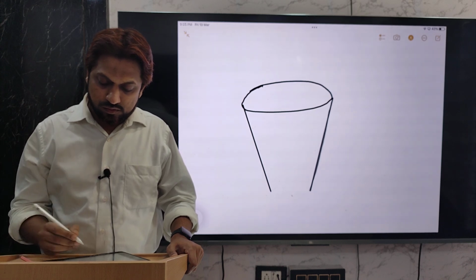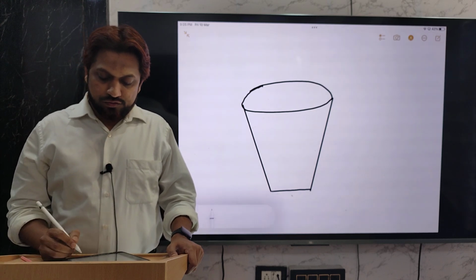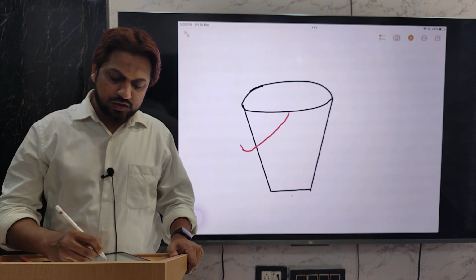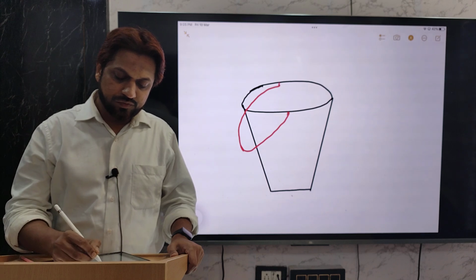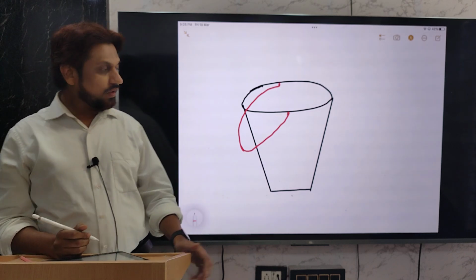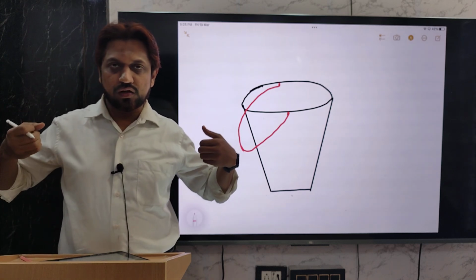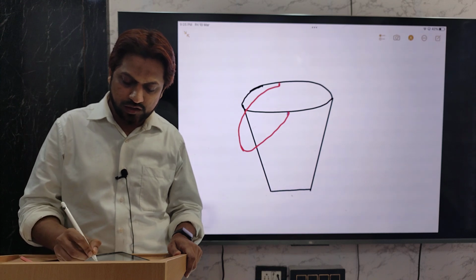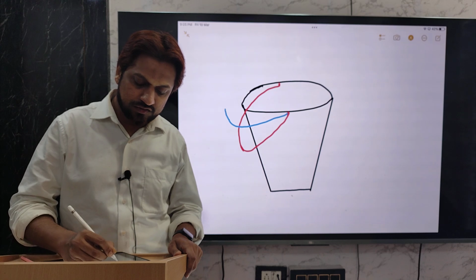Generally there will be one handle here on the bucket. Consider this with the red color marker. What I am drawing is the handle of a bucket. Now if you raise this handle of the bucket horizontally upward, with this blue color marker I am showing the raised level.